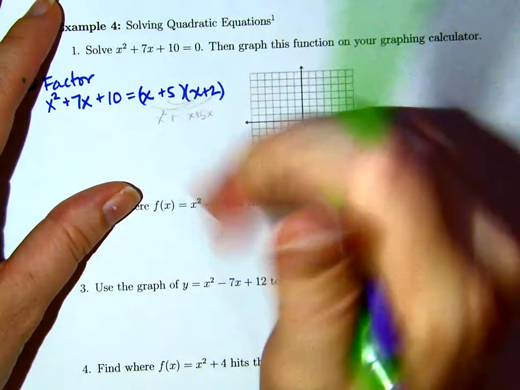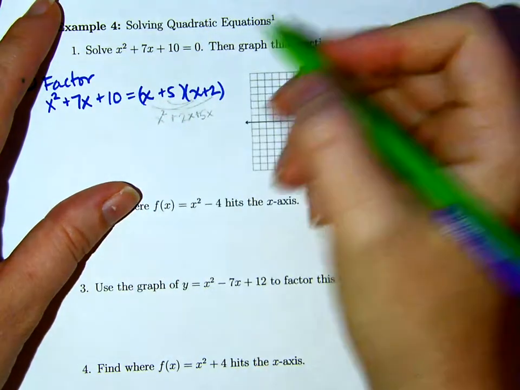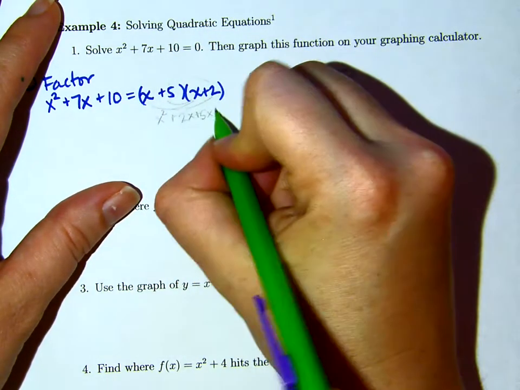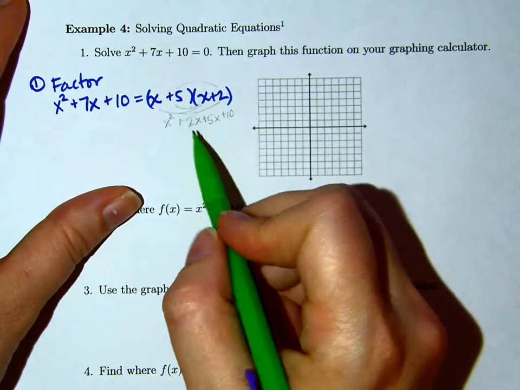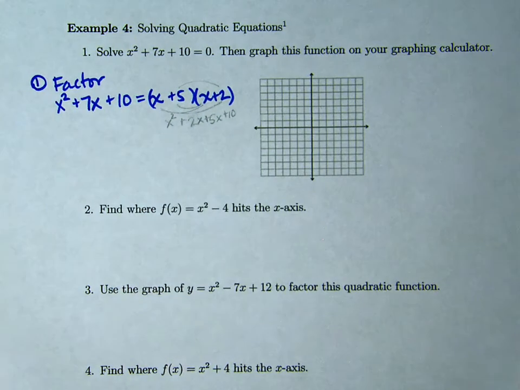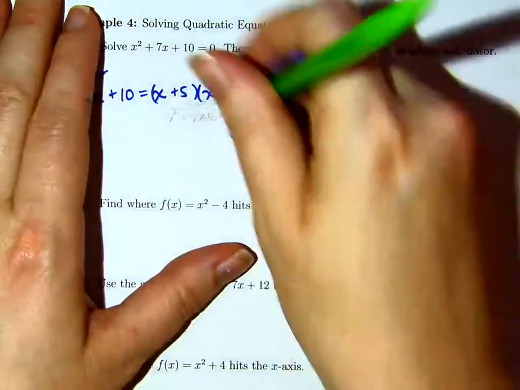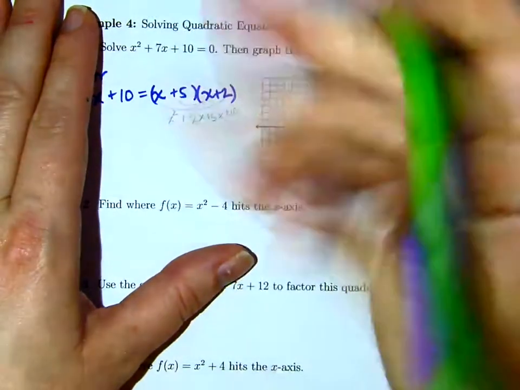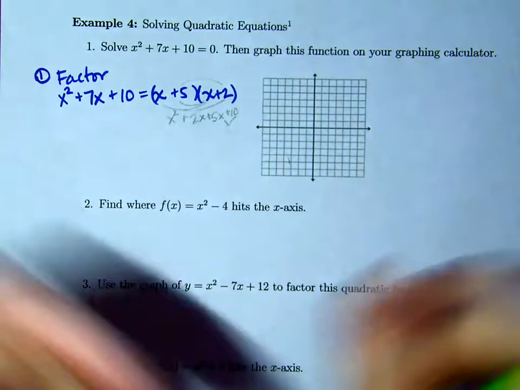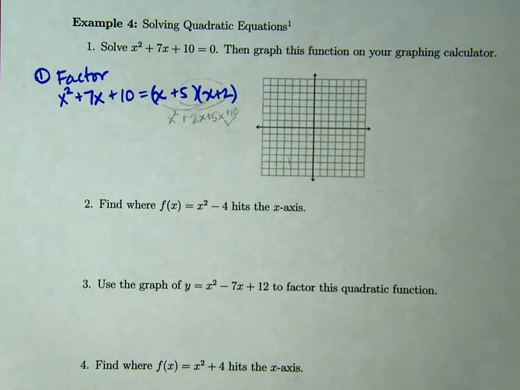Is my 2 sloppy? And plus 10. That's right. 2x's and 5x's make 7x's. So yay! Okay, so check. I don't know whether you want happy face or check mark. Whatever's more pleasing, use that.